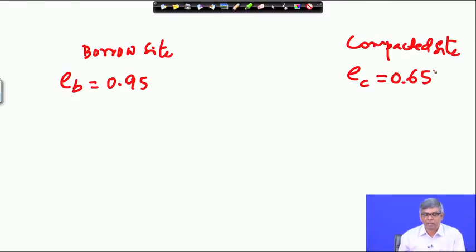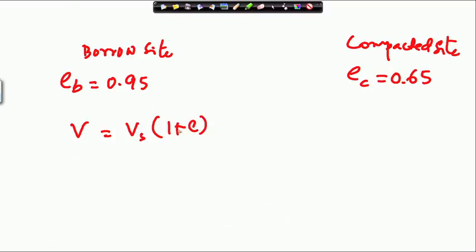Then by definition we know V equal to Vs into (1 plus E). It is nothing but Vs plus Vs into E. Vs into E is nothing but Vv. So, Vs plus Vv, total volume.